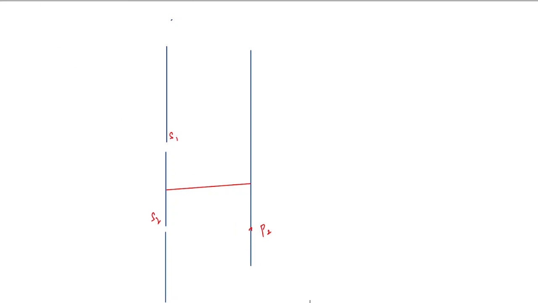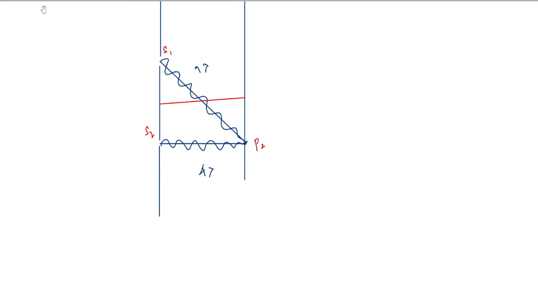If we look at a wave coming from this point and a wave from here, it is very obvious that the waves from S1 travel a larger distance. Suppose this distance is, say, 4 lambda, and from S1 to this point is, say, 7 lambda. In this case, the difference of these two would be 3 lambda. 3 lambda is a multiple, or is of the form n lambda. So at this point P2, we get a bright band.